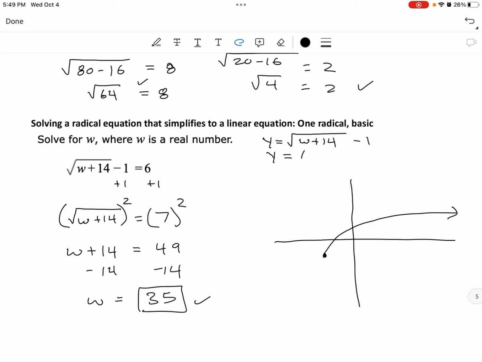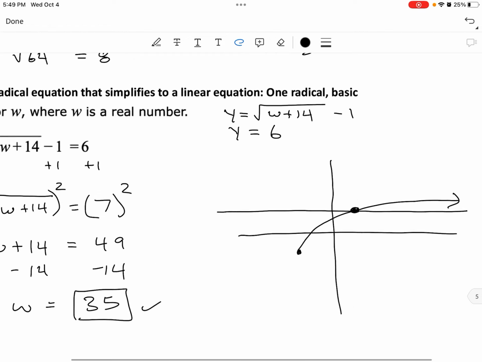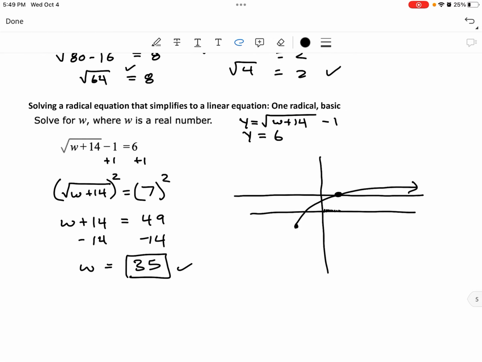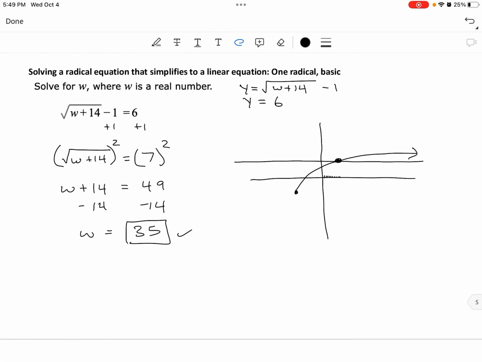And then graph y is equal to 6. And you would see that it's a horizontal or constant line, where right there is the point of intersection at, I guess, 35. I'm not going to do it, but it's 1, 2, 3, 4, 5, 6, 7, 8, all the way up to 35 is when you would see that they intersect each other.